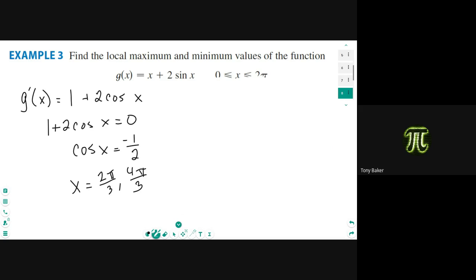All right, so now the question is we need to use those to figure out what's a minimum or a maximum, right? Okay, so we have from 0 to 2 pi over 3, 2 pi over 3 to 4 pi over 3, and 4 pi over 3 to 2 pi.